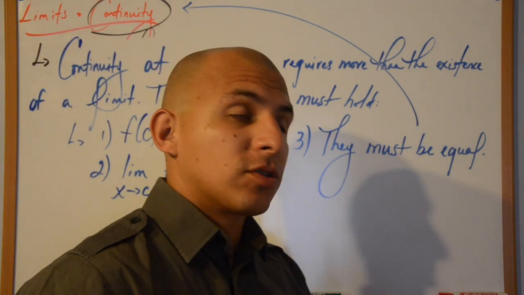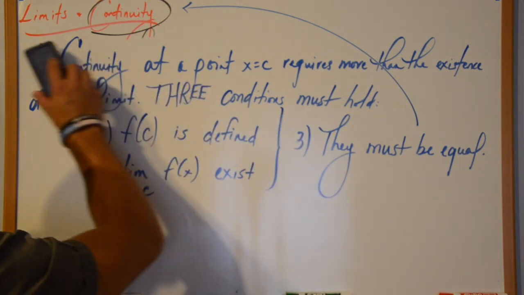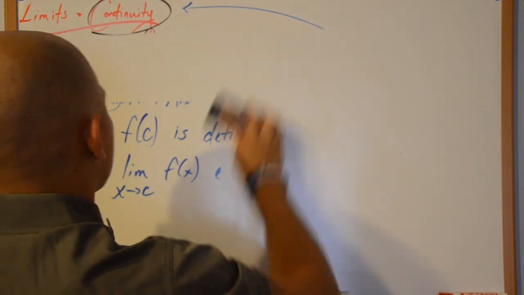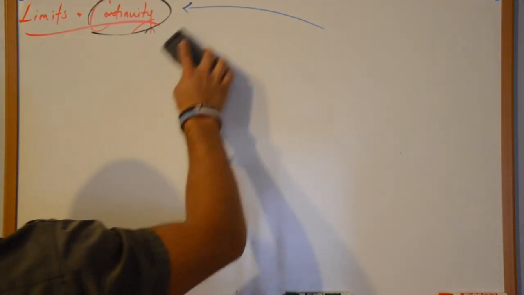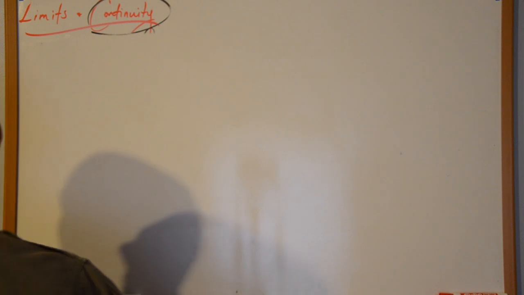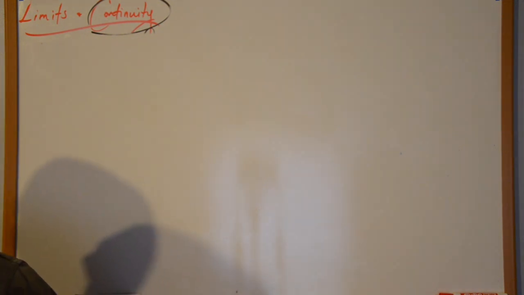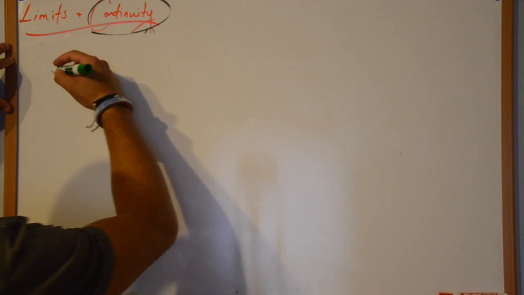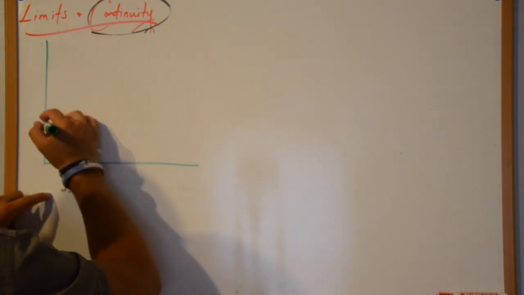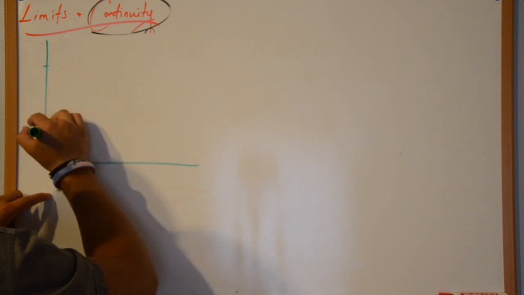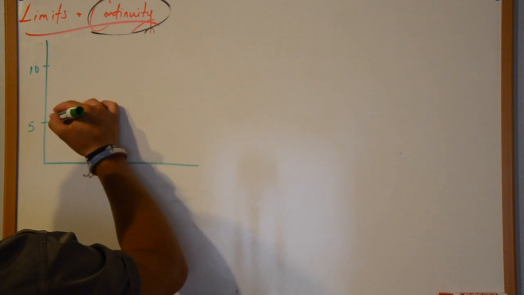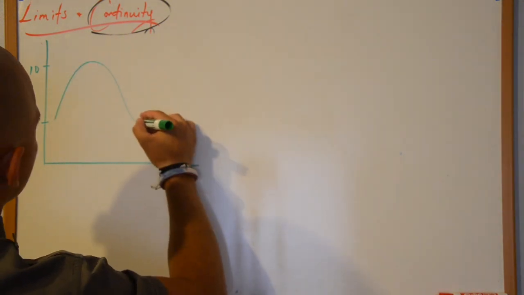Now, we do have some unique circumstances that we're going to cover next. So let's say we have some graphical representation like this, with 5 and 10 as our outputs.